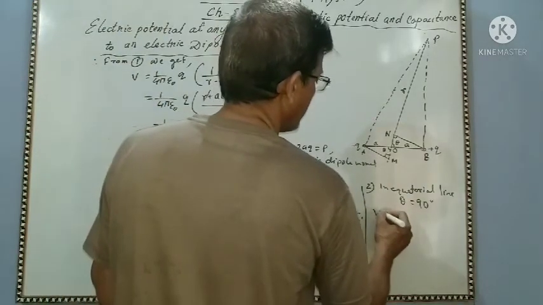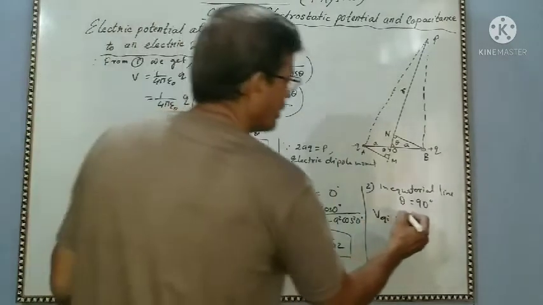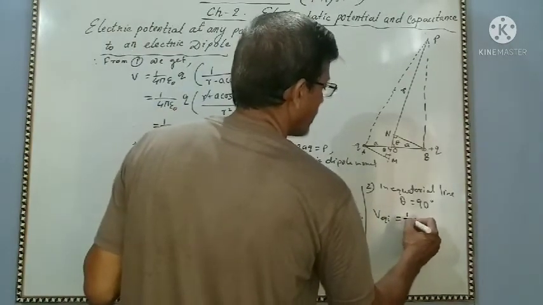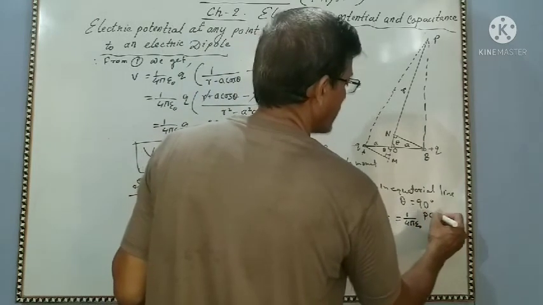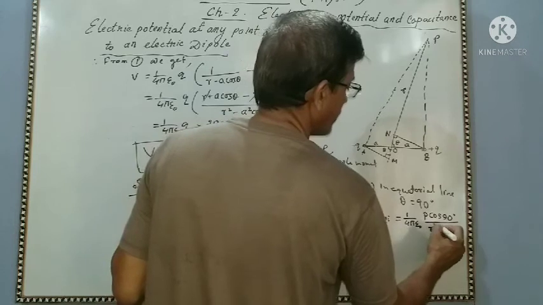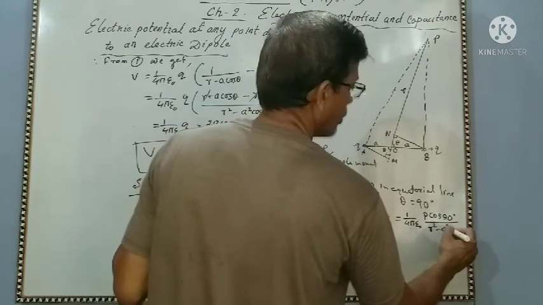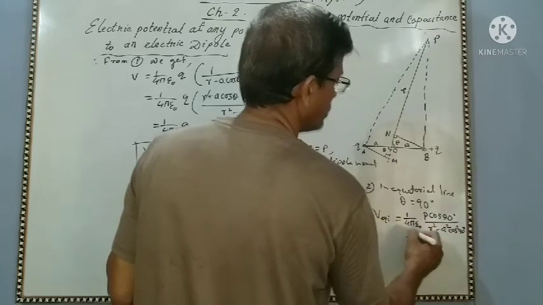So V equatorial equals 1 by 4 pi epsilon naught p cos 90 degree by r square minus a square cos square 90 degree. Cos 90 is 0, so it is 0.